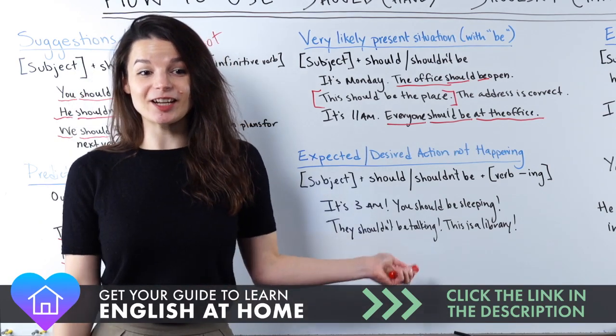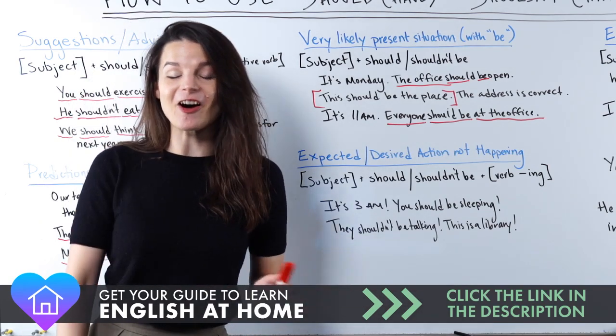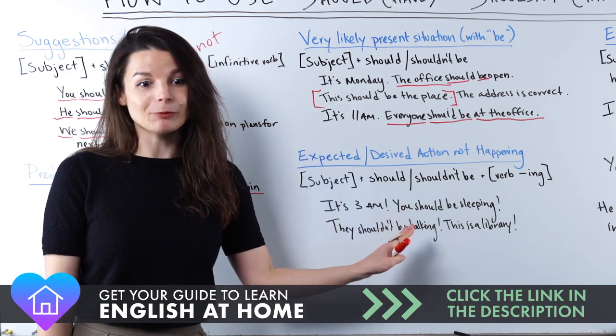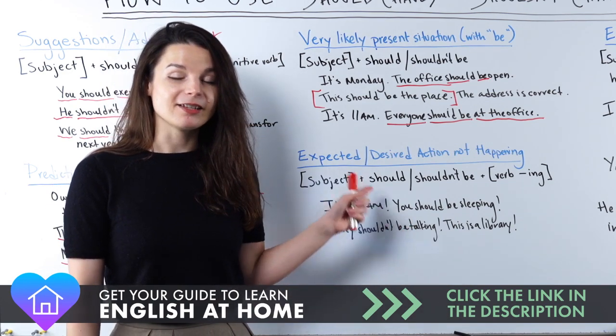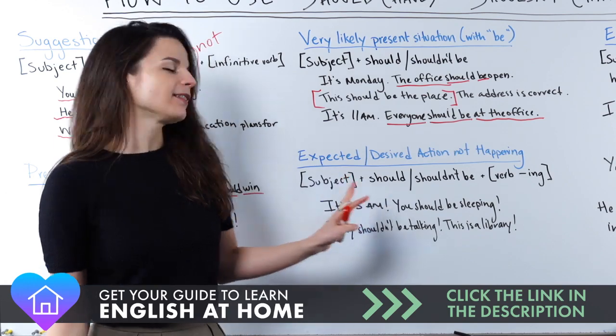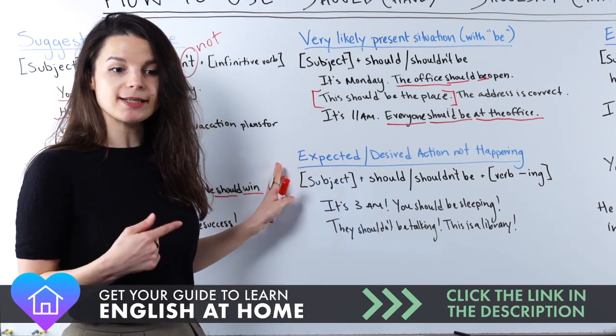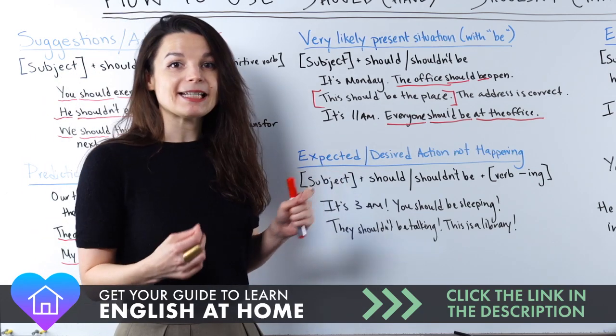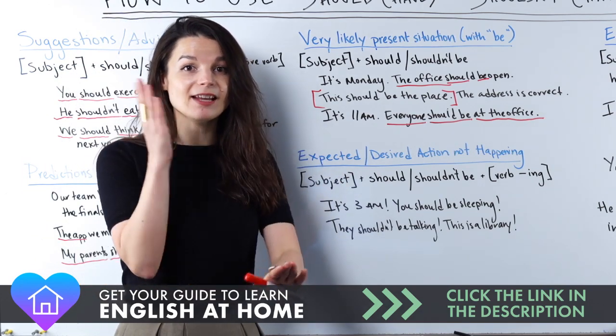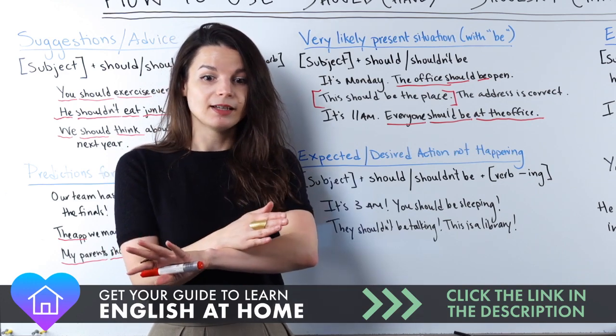So let's continue to the next point then. Some of you are already sending examples for this one. This one is a very common one. What is this one? We use should in this pattern to express an expected or a desired action that is not happening.